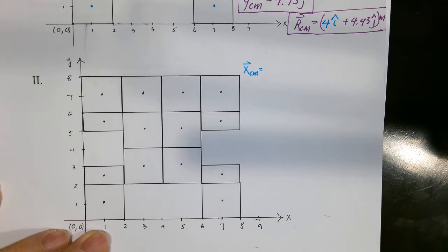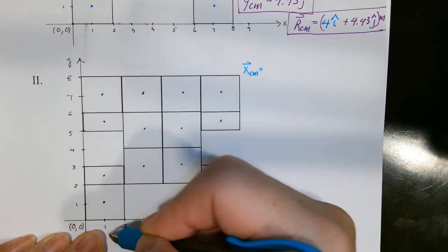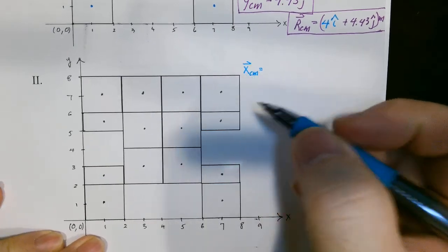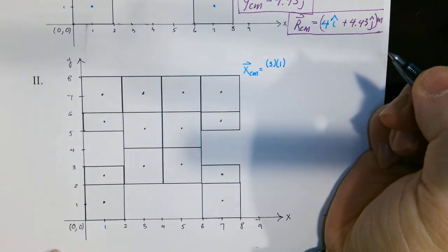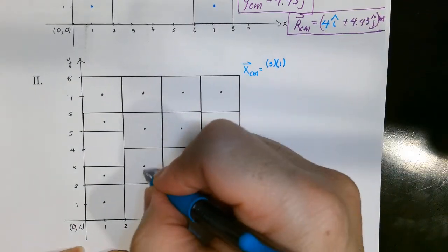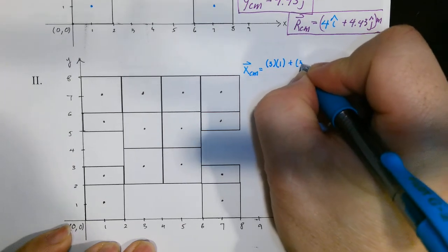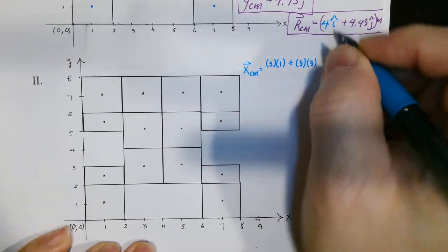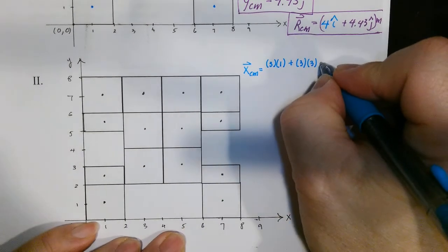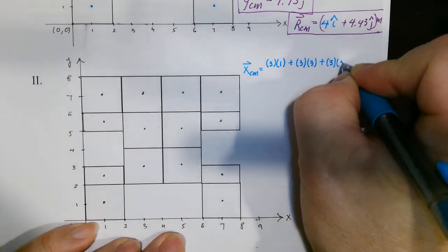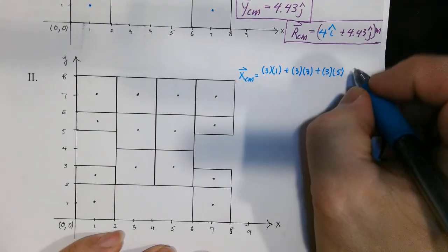So in the x direction, I have 3 kilograms at 1 meter, right? So here I have 3 kilograms times 1, and I have 3 kilograms times 3. Same thing, but 3 kilograms times 5. And then 3 kilograms times 7.